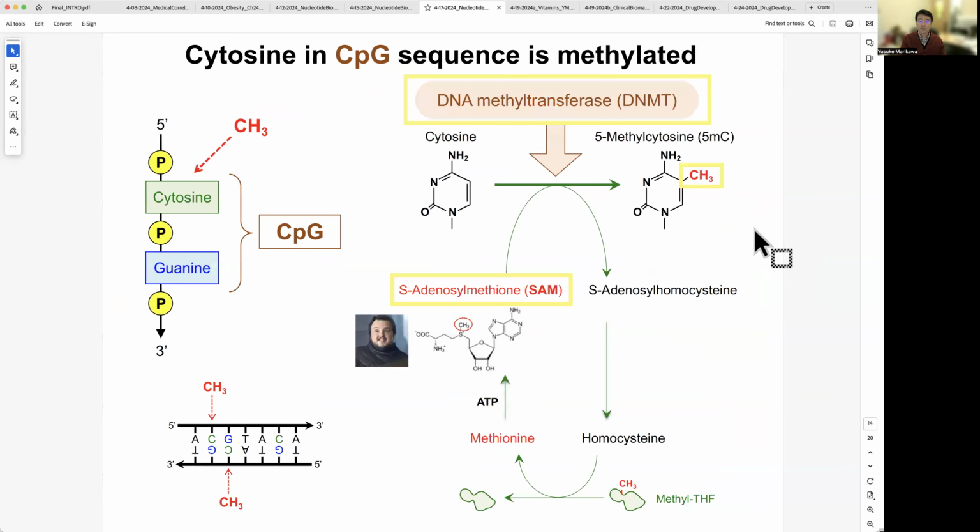I just emphasized cytosine, and this methyl group comes from SAM, S-adenosylmethionine, the methyl donor. Also the enzyme name, you should be able to recognize it: DNA methyltransferase, DNMT. DNMT is responsible for cytosine methylation, and the methyl group comes from SAM.